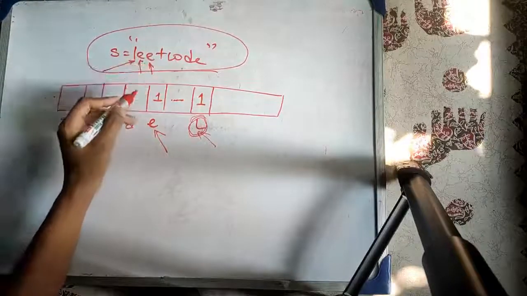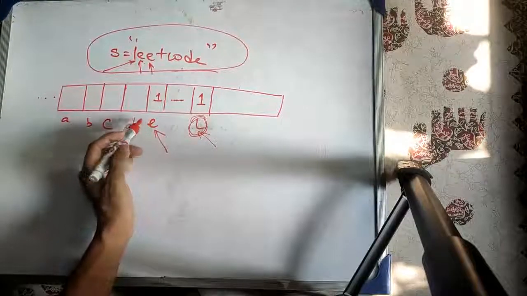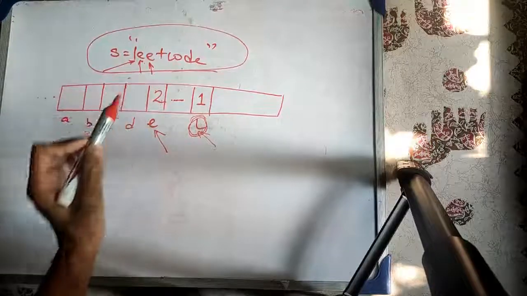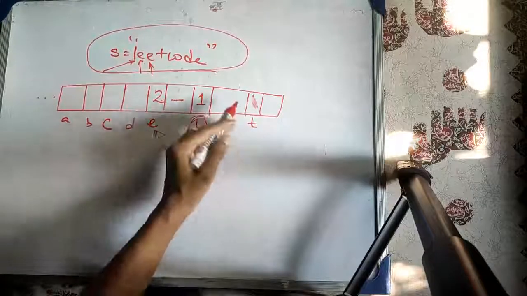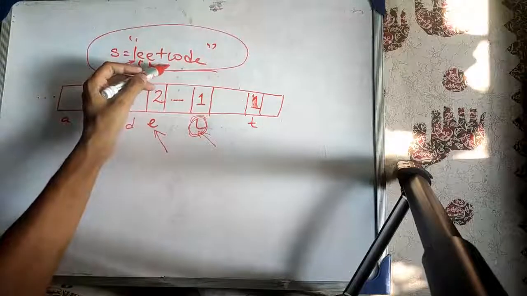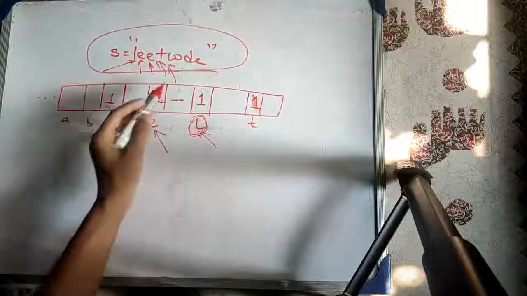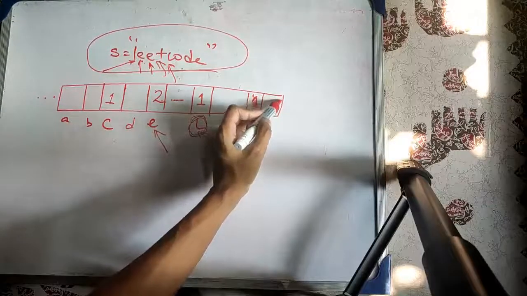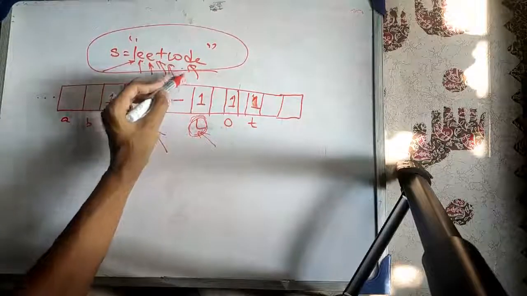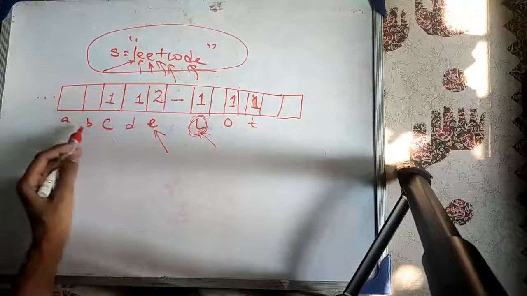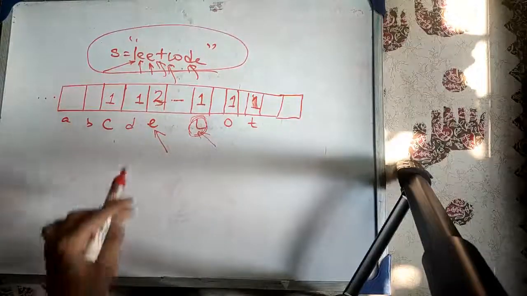Now T, so we go to the index representing T and increase the counter by 1. Now C, increasing the counter by 1. Now O, increasing the counter by 1. Now D, increasing the counter by 1, and now E, again increasing the counter by 1. So we now have the frequency of each and every character present in this string.